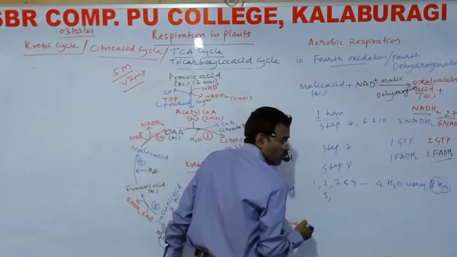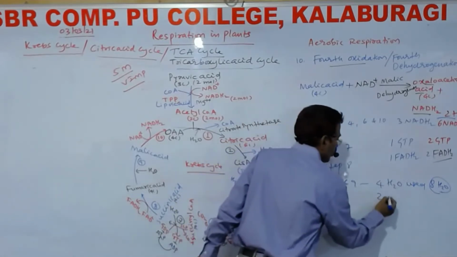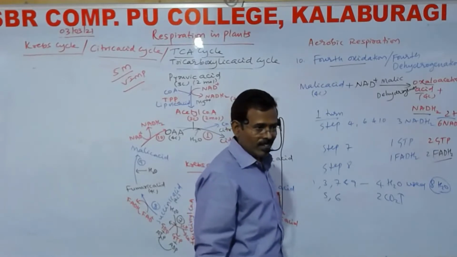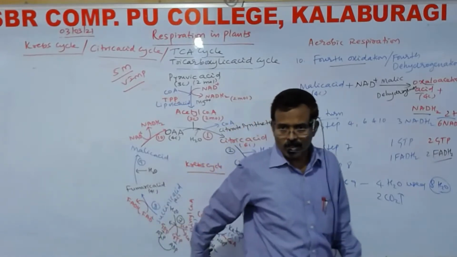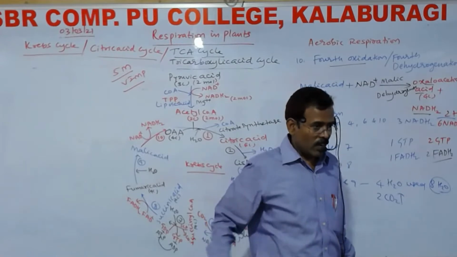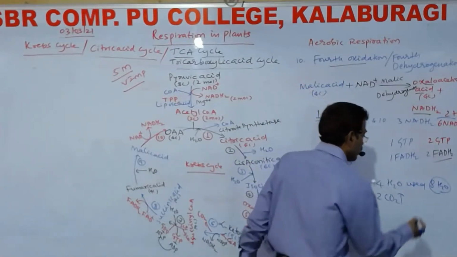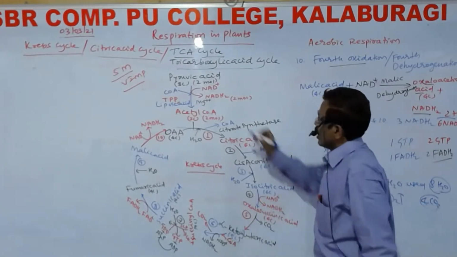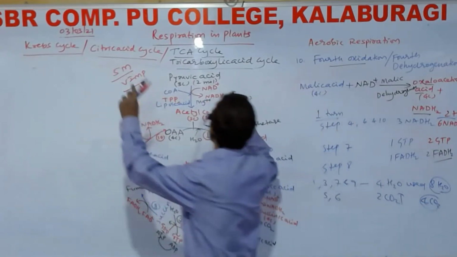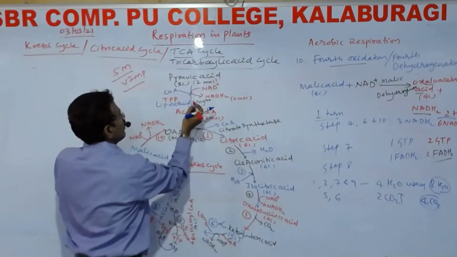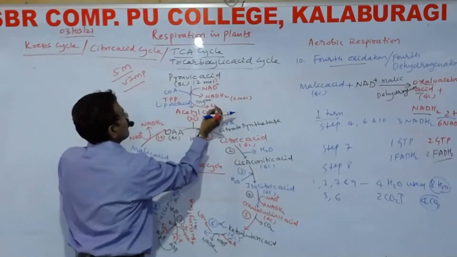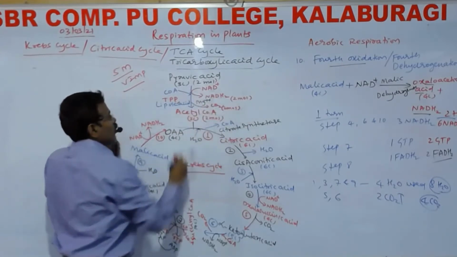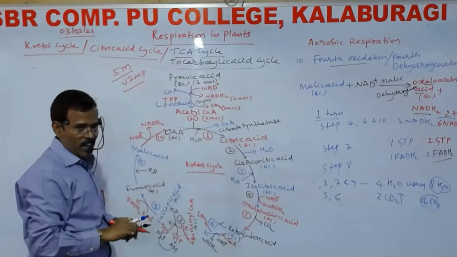Okay, now listen. Step number 5, step number 6, 2 carbon dioxide molecules liberated. Is it or not? 2 carbon dioxide are liberated in one turn. After 2 turns, how many carbon dioxide? 4 carbon dioxide. In the preparatory step, here we have to show carbon dioxide. 2 molecules of carbon dioxide by oxidative decarboxylation.